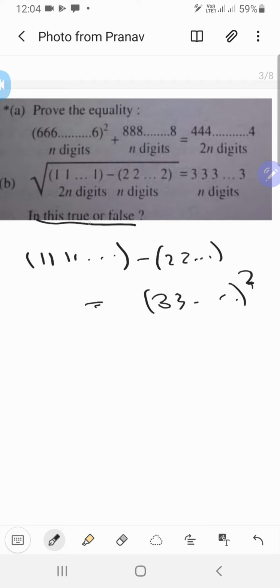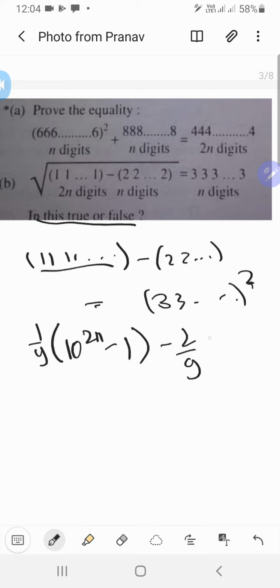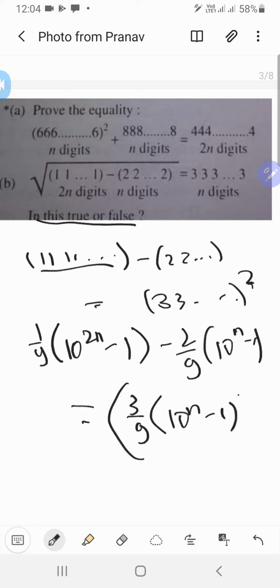Now we will be using the fact that this thing can be written as 1 by 9 of 10 to the 2n minus 1. This thing can be written as, what's it supposed to be, minus over there, right? Minus 2 by 9 of 10 to the n minus 1. Okay, and this is supposed to be equal to 3 by 9 of 10 to the n minus 1, but this time squared, pretty much like the previous question.